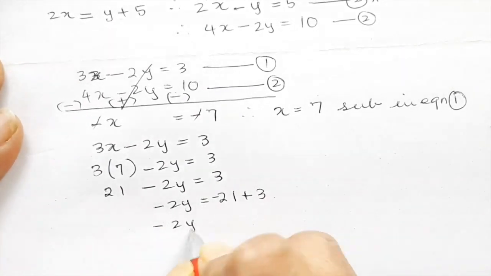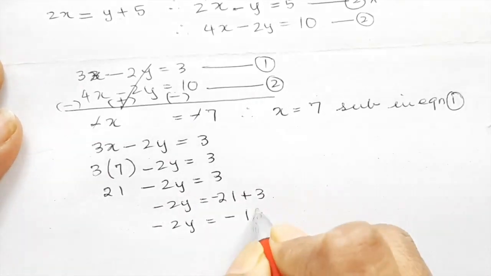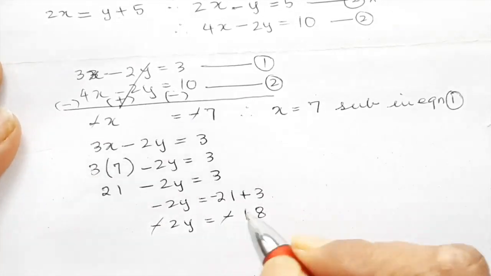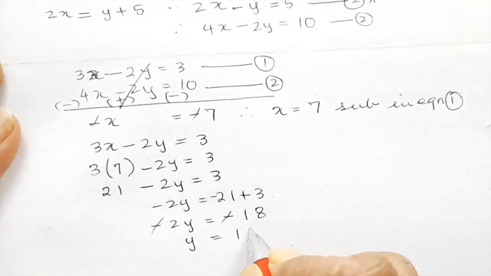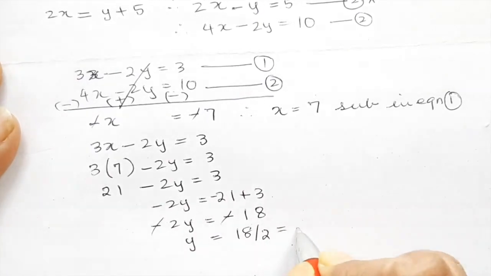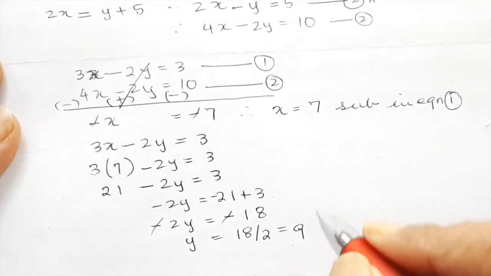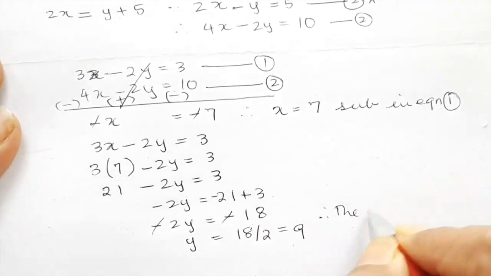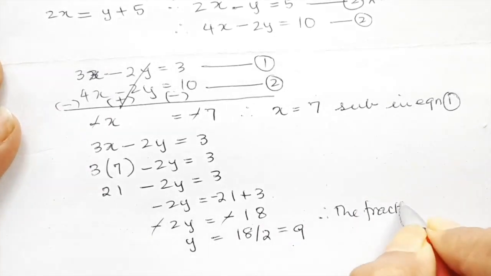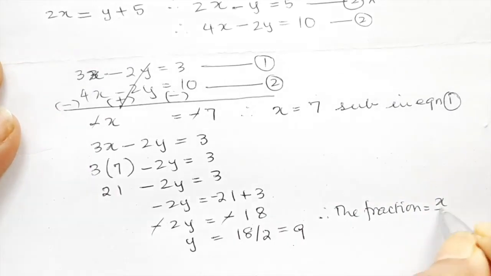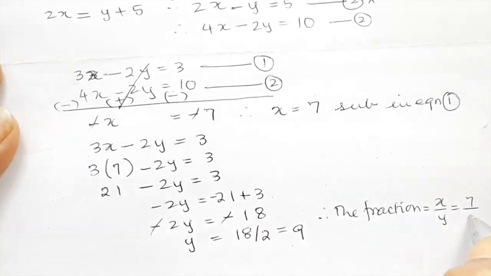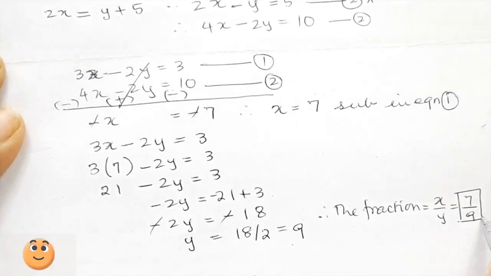So minus 2y is equal to minus 18. Cancel the minus signs. Y is equal to 18 upon 2, which is equal to 9. Therefore, the fraction is going to be x upon y, which is 7 upon 9, and that is our answer.